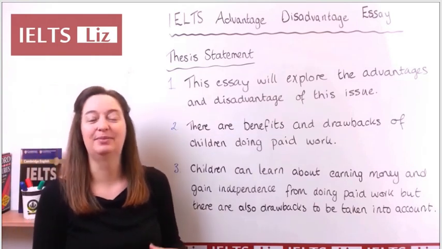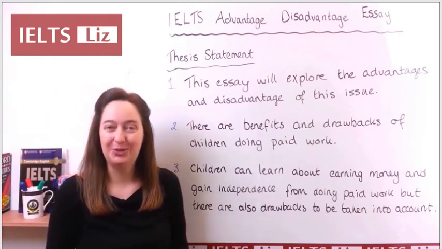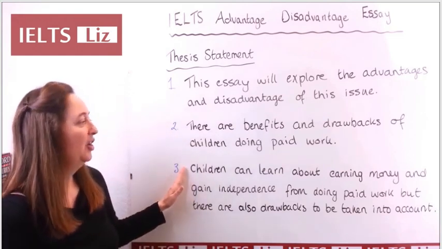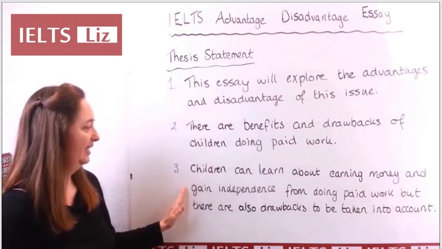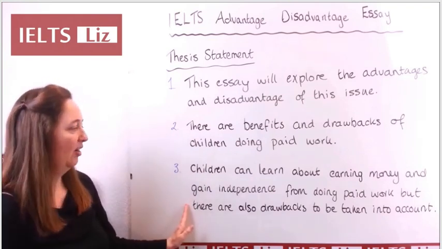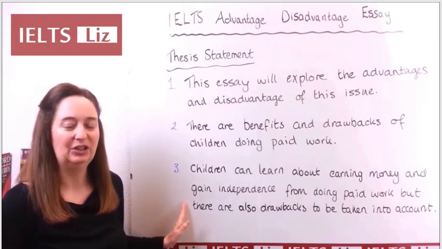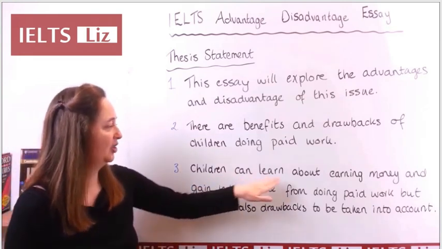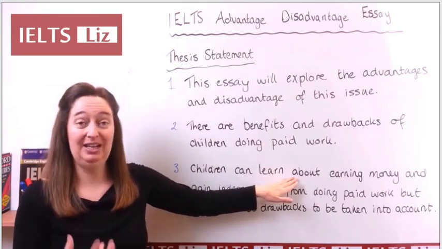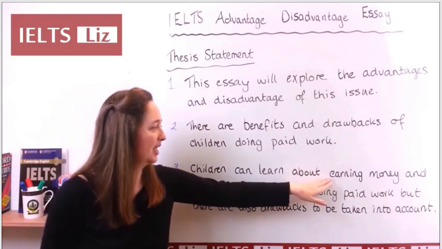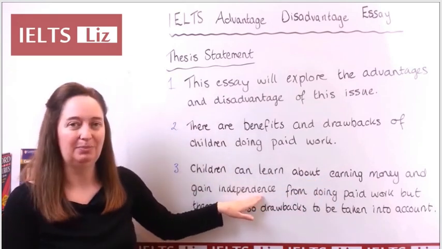So let's have a look at number 3, and this is how you should write your thesis statement. Children can learn about earning money and gain independence from doing paid work, but there are also drawbacks to be taken into account. Now, what we've done here is we've introduced a couple of our advantages, which is earning money and gaining independence.